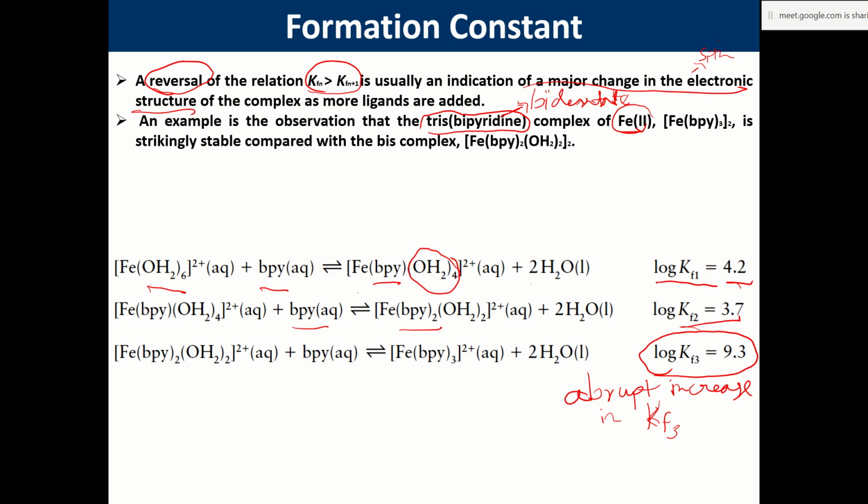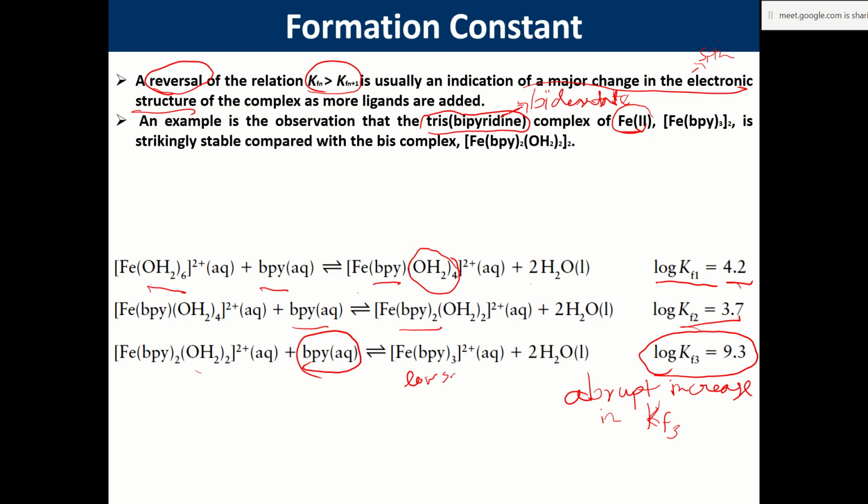Finally in the third step, the third bipyridine comes in and binds to this complex, and there is a change in the electronic structure, from high spin to low spin.